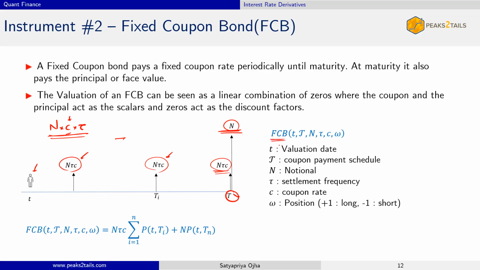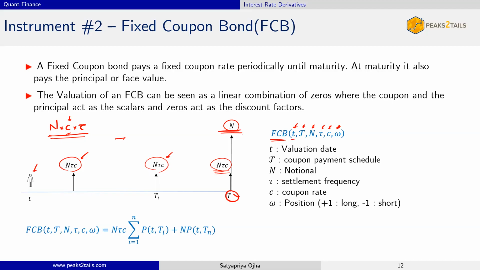All right. So fixed coupon bond will accept these parameters to give you the value. Why I have written it like this is because when you try to code it in any programming language, you need to develop valuation functions that you can call flexibly by passing the input parameters, which will be time elements and contractual elements.